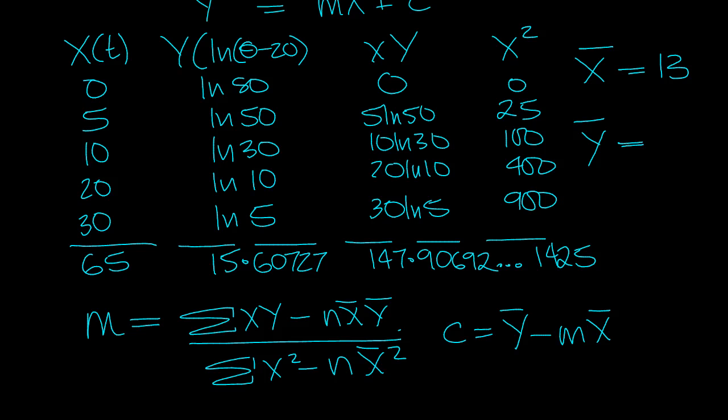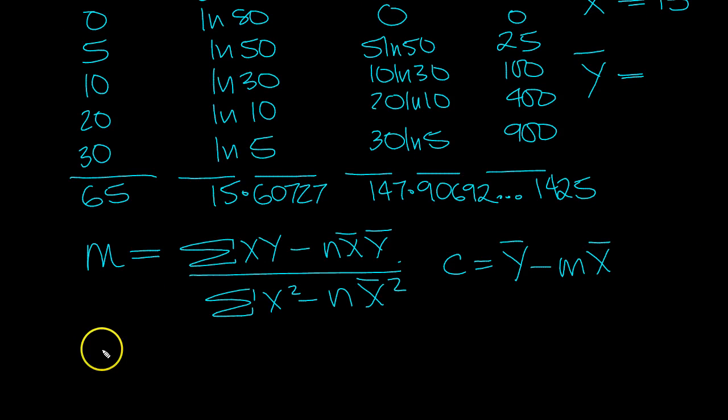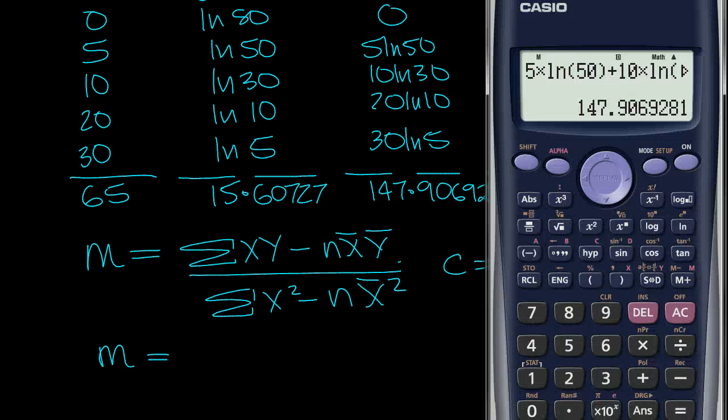Alright, good. Okay, so what have we got for m then? Let's put the numbers in and see what we get. The summation of the xy's is in the calculator anyway, minus, now 5 times 65 over 5 is just 65, times 15.60727 divided by 5, which is y bar.